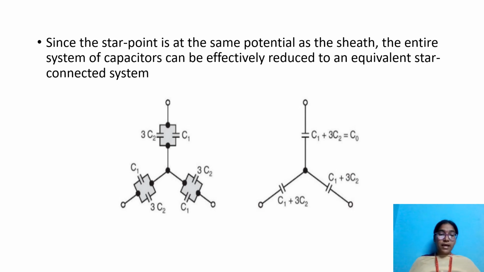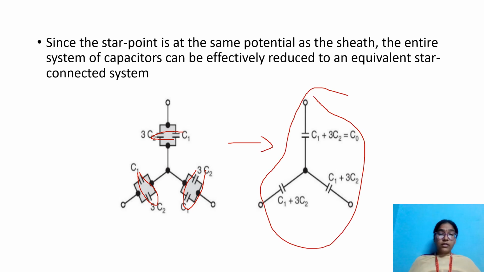These two capacitors are in parallel, and when two capacitors are in parallel, we can add them. So C0 equals C1 plus 3C2. If we convert to the equivalent star connected system, the circuit will be like this. The two parallel capacitors are combined into one capacitor to form C0 equals C1 plus 3C2.